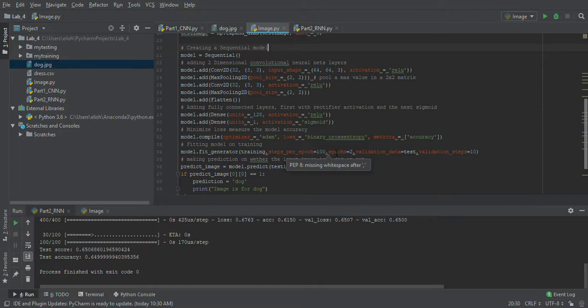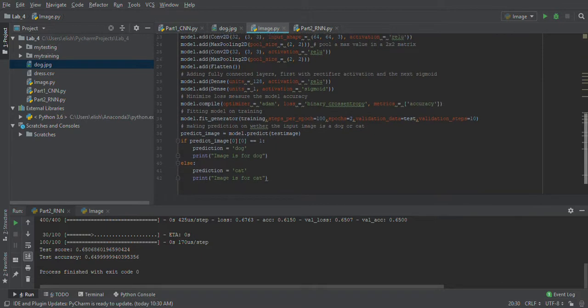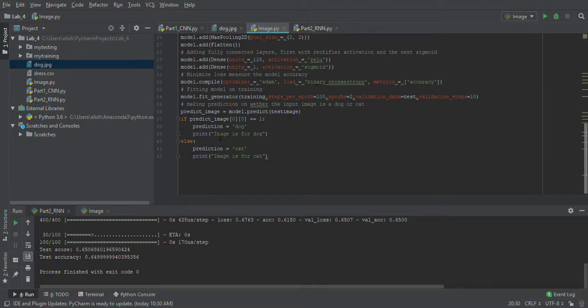So for faster processing, I used 100 of them. And then predict whether my image is of a dog or a cat. So let's now run.